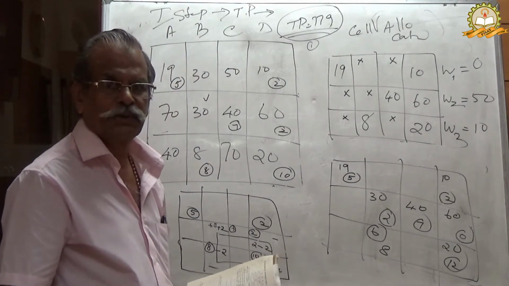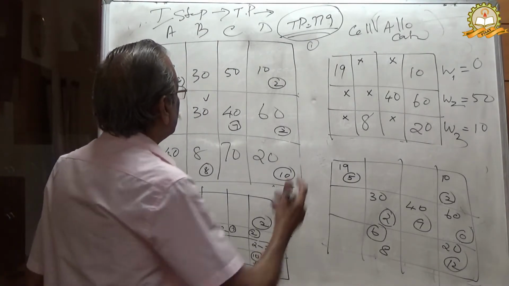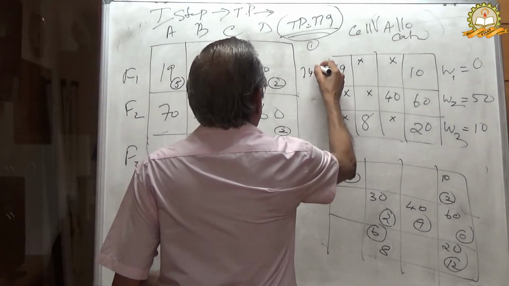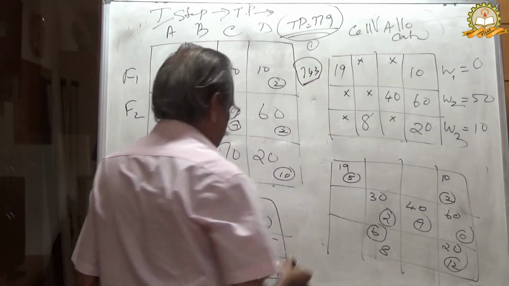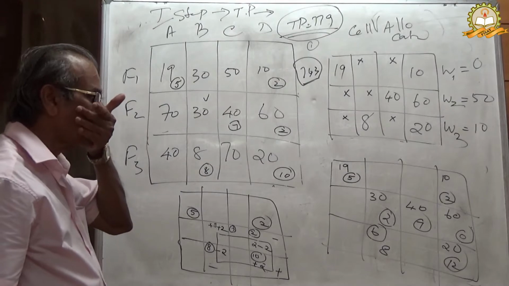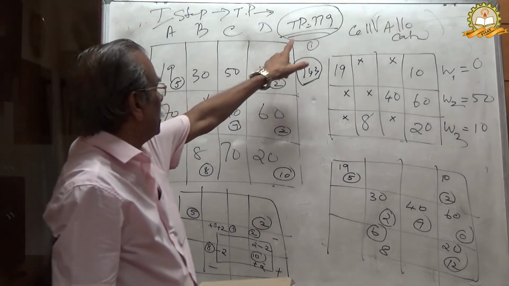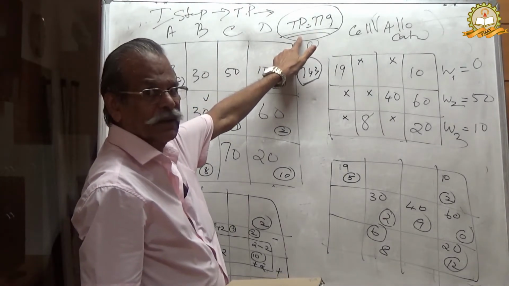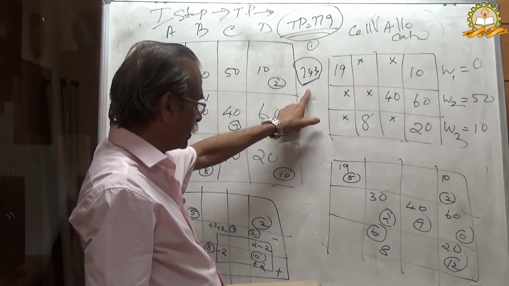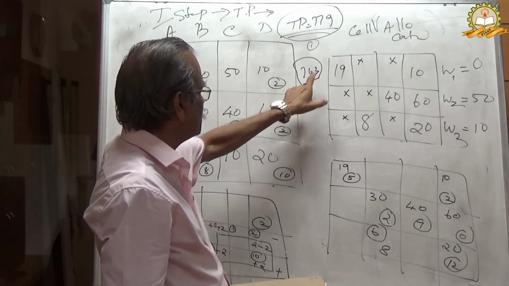This will work out to 743. Earlier you got 779. Here you now obtained a reduction, 743.